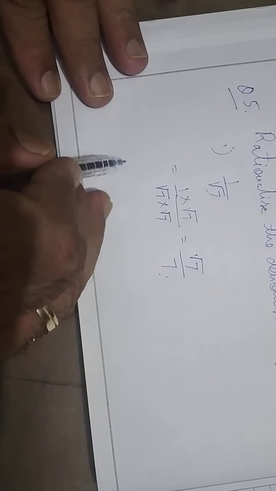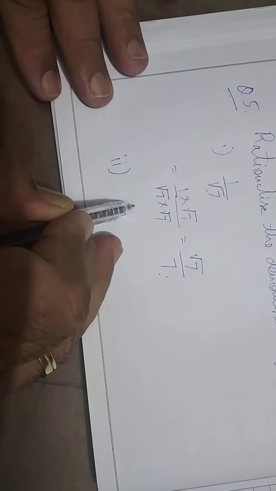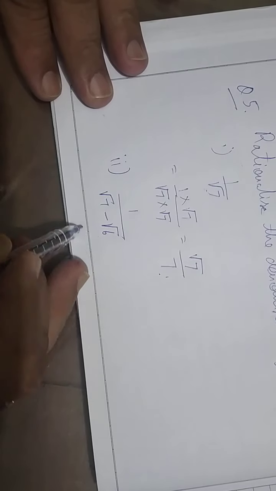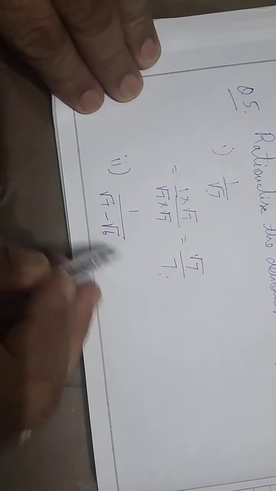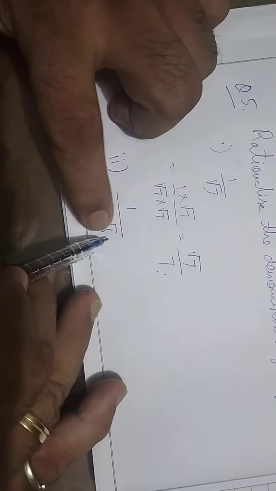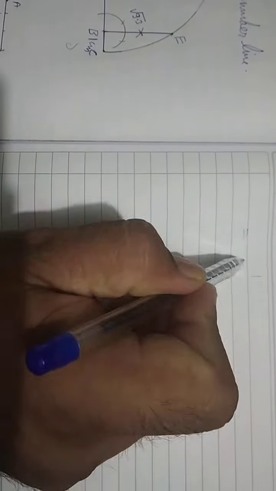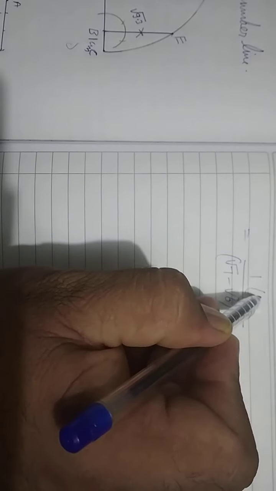Now the second part of this question 5 is 1 upon root 7 minus root 6. So we have to rationalize this. In such questions, we are going to multiply numerator and denominator by root 7 plus root 6, which is just the opposite of this sign, minus. So 1 upon root 7 minus root 6 into root 7 plus root 6 upon root 7 plus root 6.